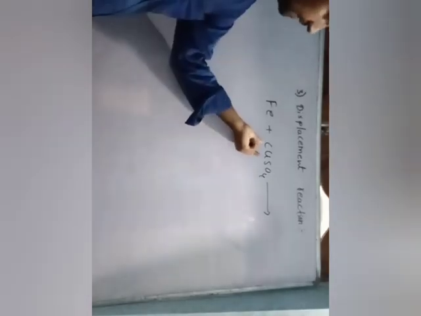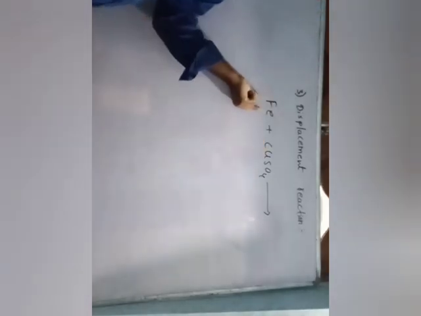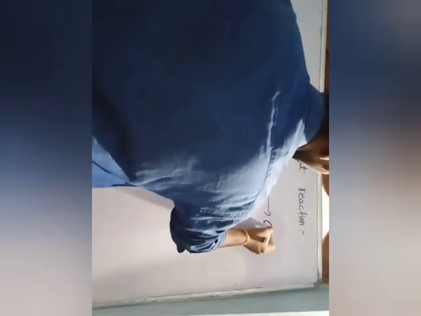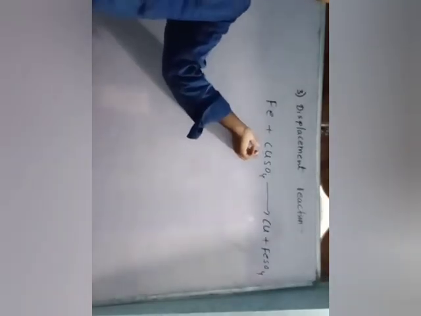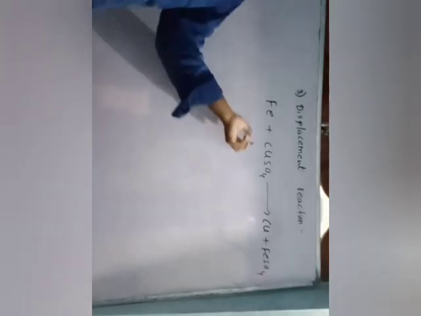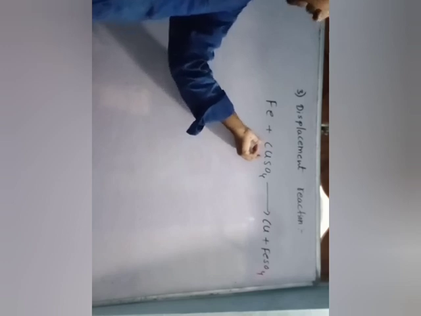Here copper is replaced by iron. After the chemical reaction, Cu is separated and FeSO4 is formed. Here one element, or one atom, is replaced with other atom. That is called simply displacement reaction. Iron is reacted with copper sulfate, then copper is displaced by iron. So clear all of you?